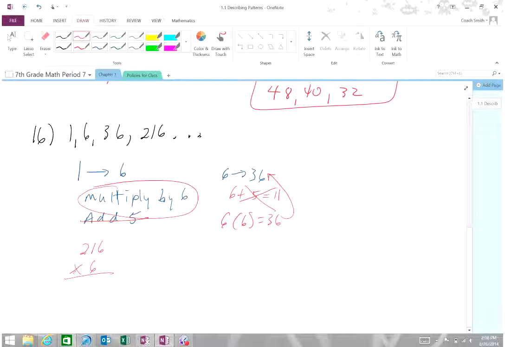6 times 216 is what? This one's going to be a little bit more difficult because there are larger numbers that we're dealing with to start with. Tristan? Nope. Close, but nope.